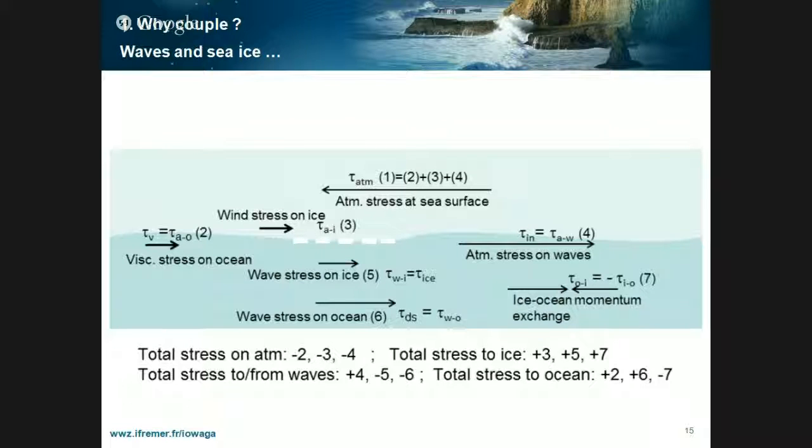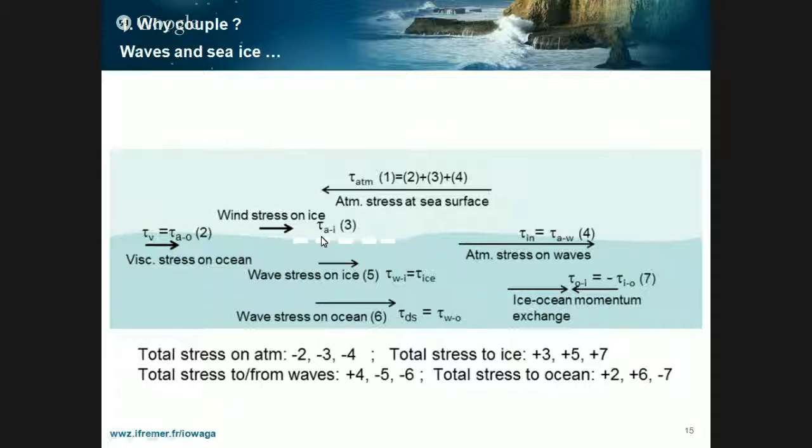Another type of application we're just getting into is what's happening with the sea ice. Again, if you take this sketch of the momentum flux coming from the atmosphere, this tau, the stress here is a sum of different bits and pieces, because some of that stress is just viscous stress on the sea surface. Another part is the stress on the waves, essentially the form drag. So you have the viscous part and the form drag.